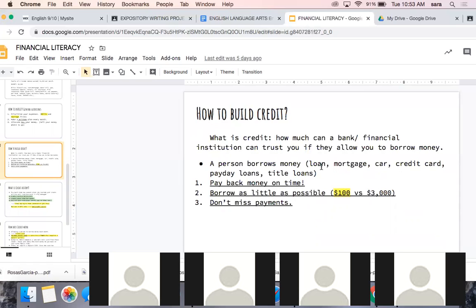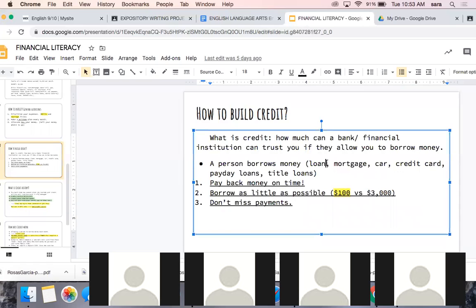You can have a regular loan: you went to the bank, got $5,000 in loan, and you owe them money. A mortgage is borrowing money for a house. You got a loan for a car. You borrow money every month through a credit card. All that is debt.